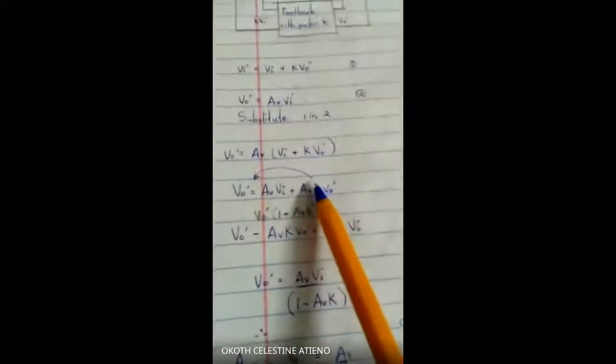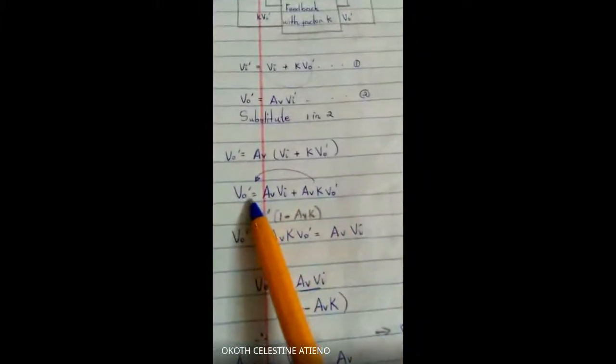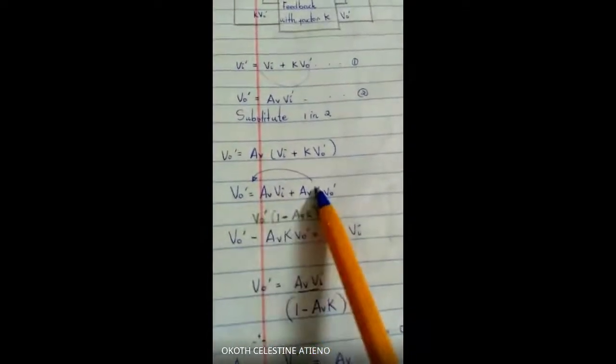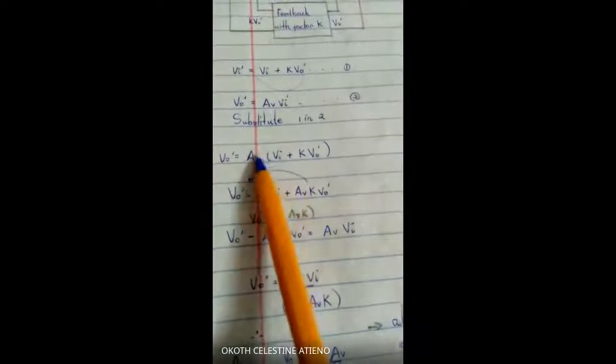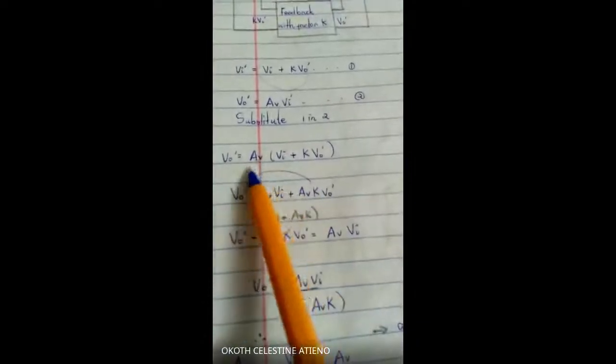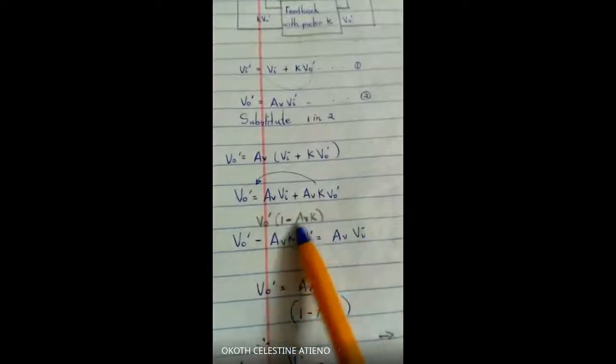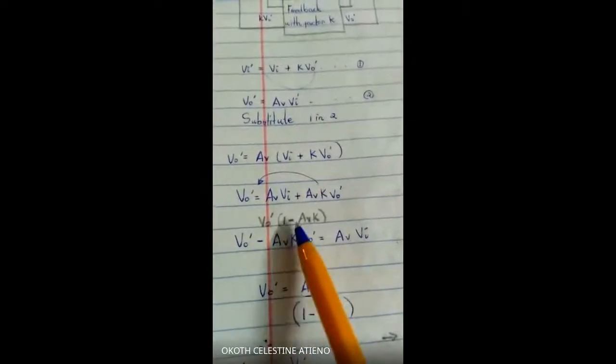From there it's easy, because we now just make V out the subject. So multiply AV times VI, AV times K V out. Then I brought this expression to this side and factored out V out.